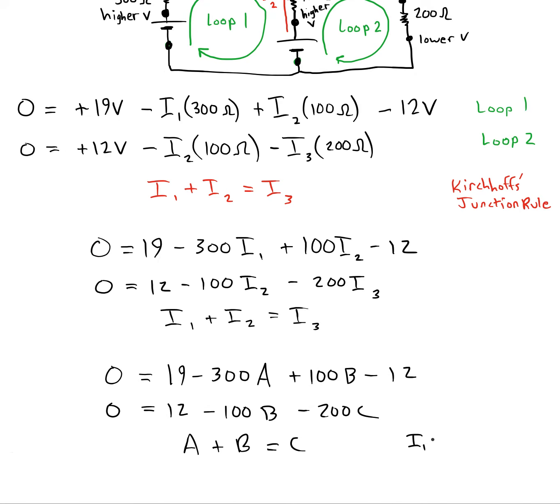So I1 is A. That's 0.03 amps. I2 is B, 0.02 amps. And I3 was C, which was 0.05 amps.